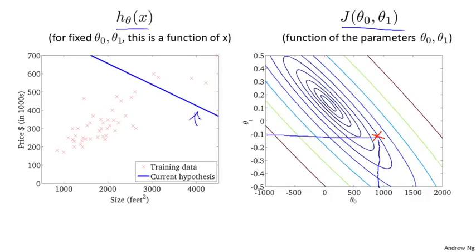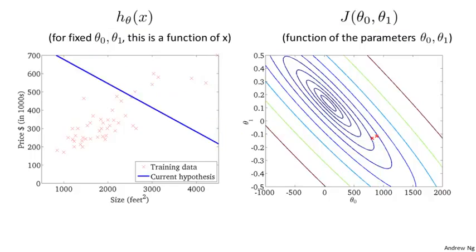This corresponds to h(x) equals 900 minus 0.1x, this line. And so we're out here on the cost function. Now, if we take one step of gradient descent, we go from this point a little bit down and left, to that second point over there.